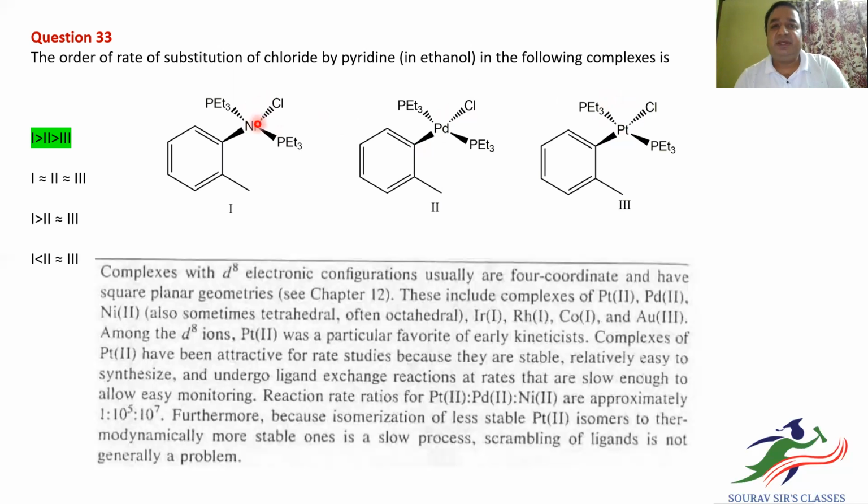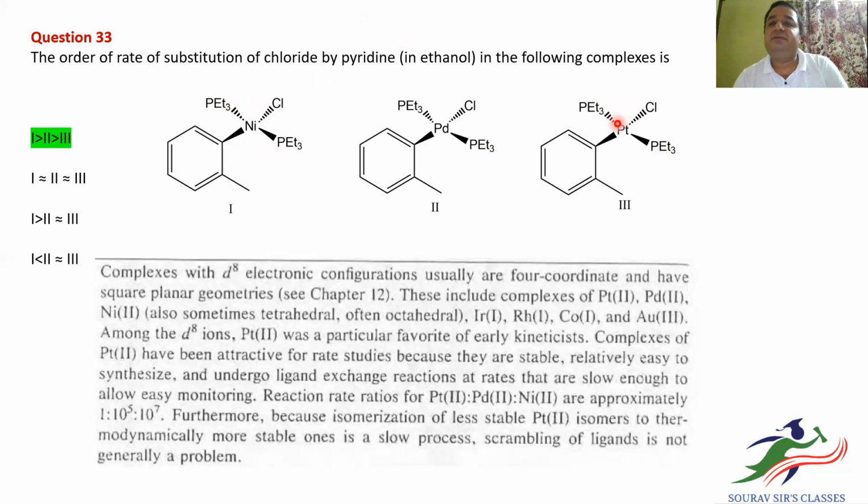So obviously, if it is following the associative pathway, and in such a pathway, if the dissociation of the Cl is the rate determining step, we can think that around nickel, the groups are more strained. Because there is more strain or repulsion, Cl will run away faster, or cleave away faster.